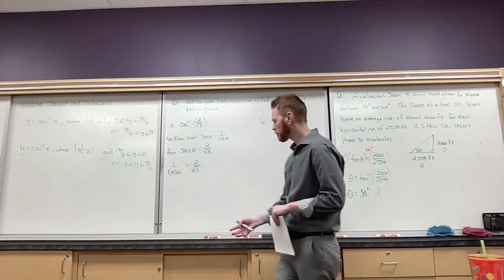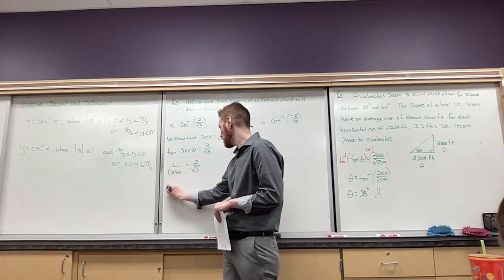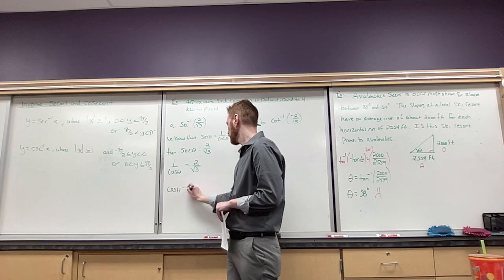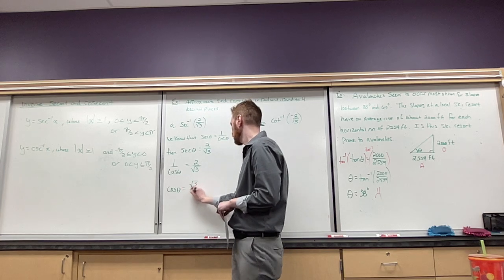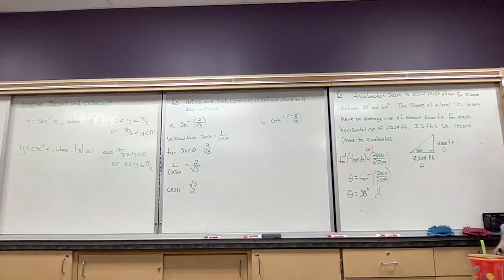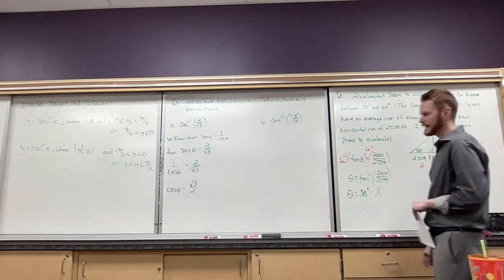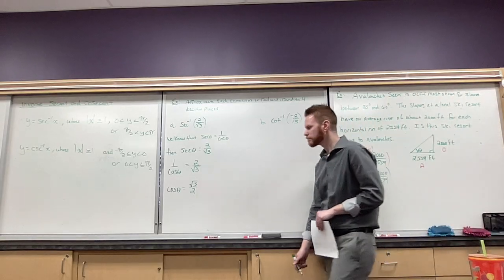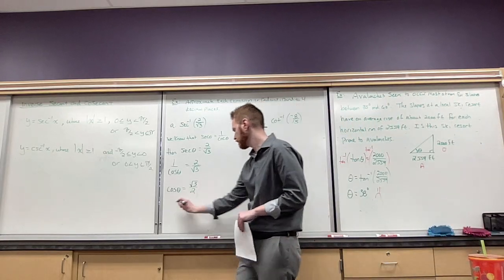And to make cosine not in the denominator, if I solve for cosine, I get cosine of theta is equal to square root of 3 over 2. That we can simplify. So now I want to solve for theta.